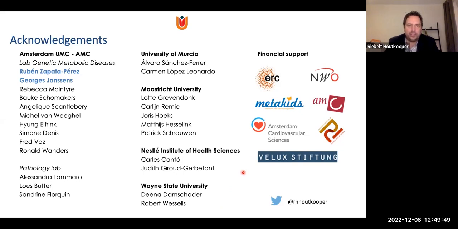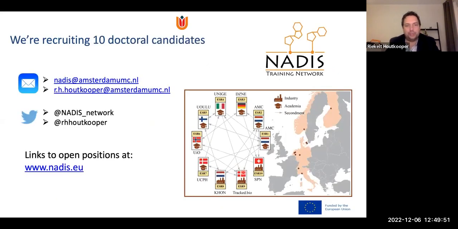And then I'll take the final opportunity to highlight our new project. If you happen to be an aspiring PhD student, or if you know a master student or a recently graduated master student who wants to do a PhD in the field of NAD, please make them aware that we're starting this. We have several open positions.